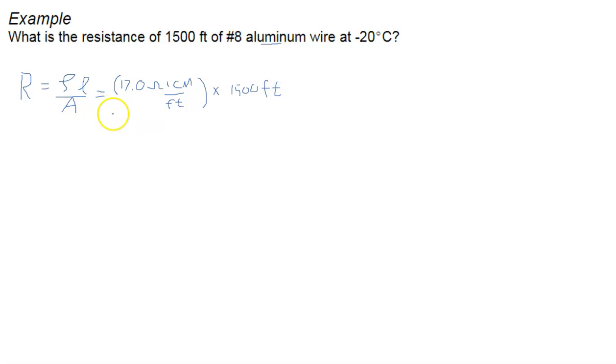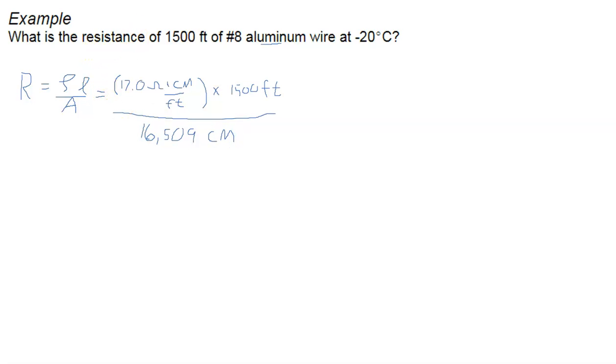So go to the American wire gauge and find the area of number 8. It doesn't matter what kind of material it is, the area is defined by AWG number 8. And that is 16,509 circular mils.